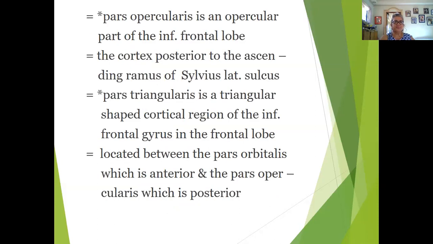Now, your pars opercularis is an opercular part or superior part of the inferior frontal lobe. This is the cortex posterior to the ascending ramus of Sylvius. Then you have the pars triangularis, which is a triangular-shaped cortical region of the inferior frontal gyrus in the frontal lobe.